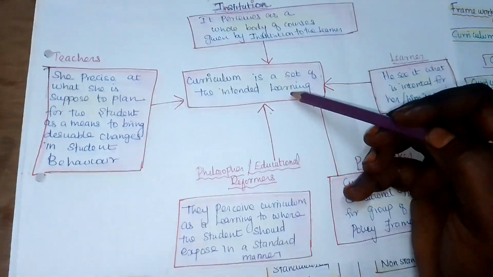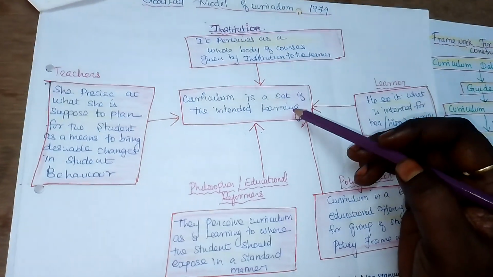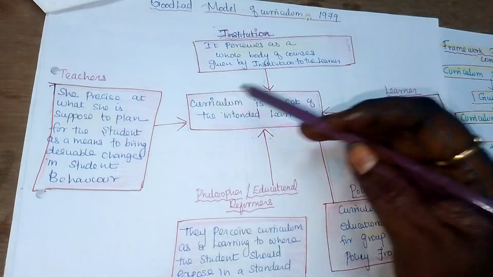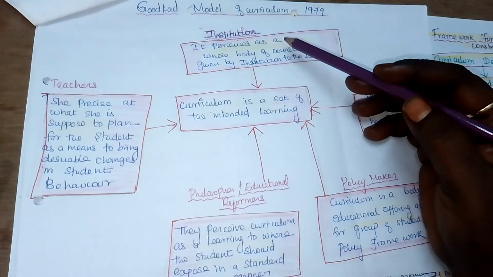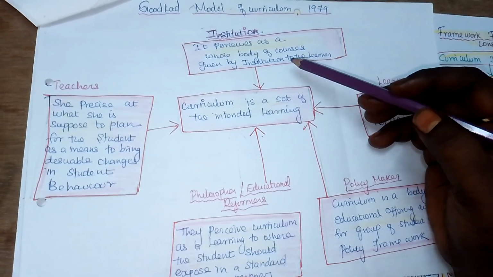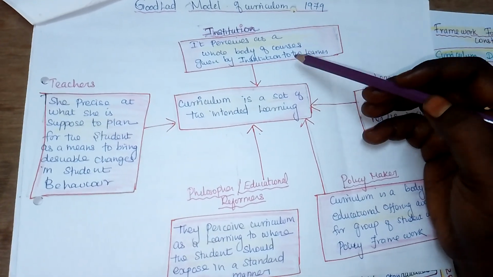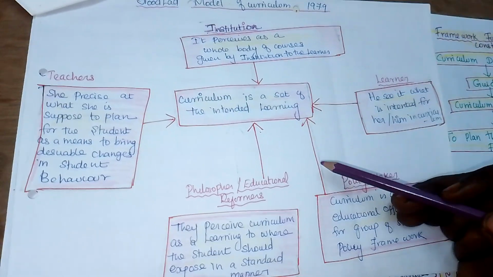That's what we say, but he said it is intended learning. What does it include? It tells us about the institution. The institution is the one which provides the whole body of courses according to the instructions given by INC or WBNC, whatever it may be.